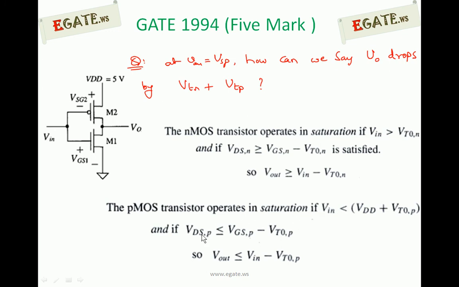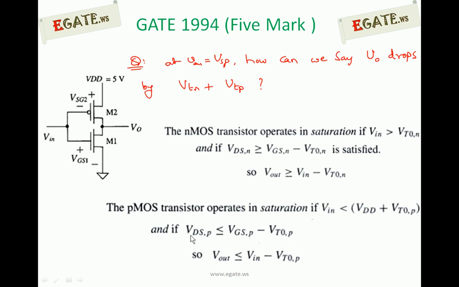One more condition is that for PMOS, VSD should be greater than VSG minus VT, otherwise we can write it as VDS should be less than or equal to VGS minus VT.